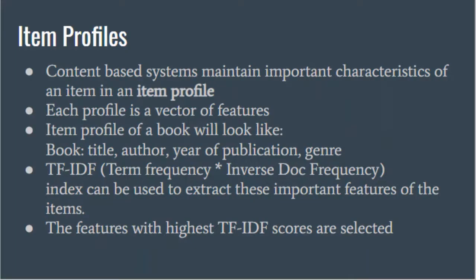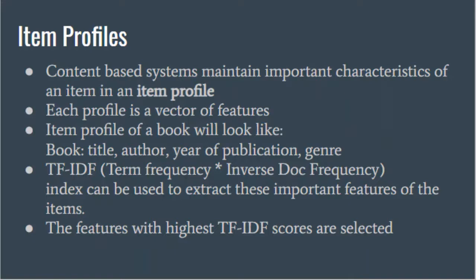Hi all, my name is Abhilash and today I am focusing on content-based systems and how they are used to recommend movies, songs, and websites to a particular user. Content-based systems work by keeping track of item profiles as well as the TF-IDF index.